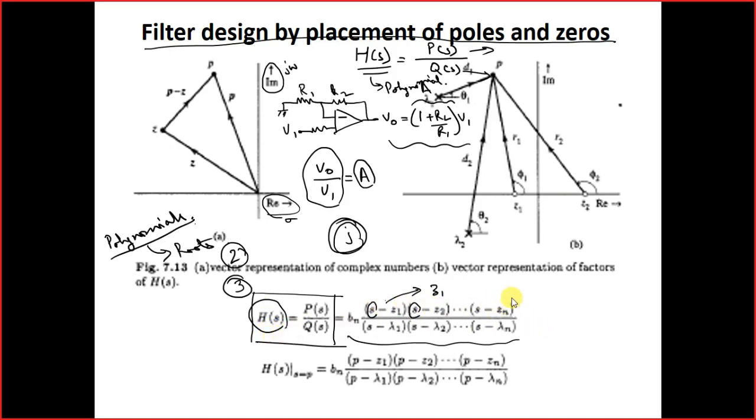Similarly, if I put s equals lambda 2, this denominator would become 0, then I would get an expression, some value divided by 0, which is infinity. Okay.